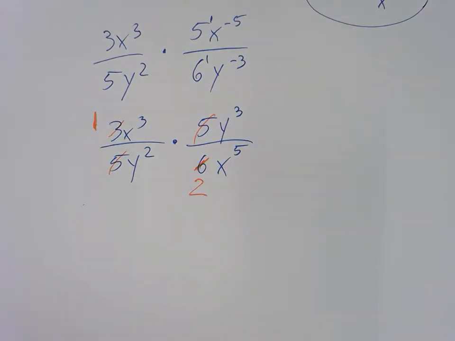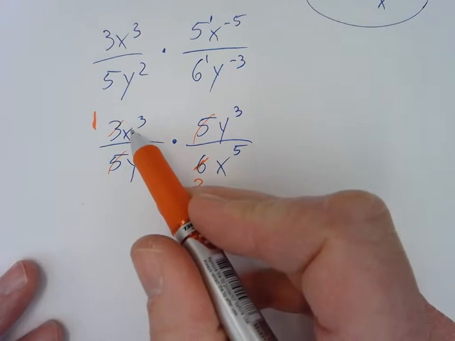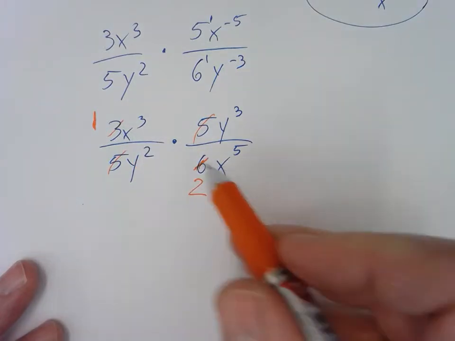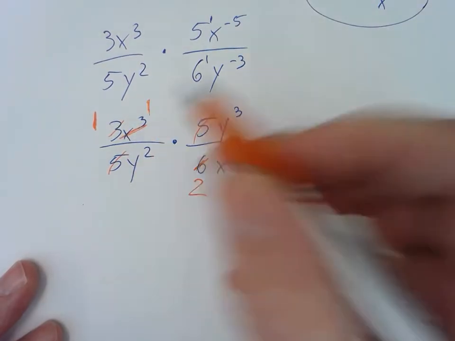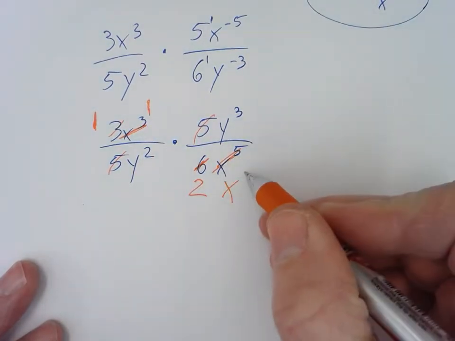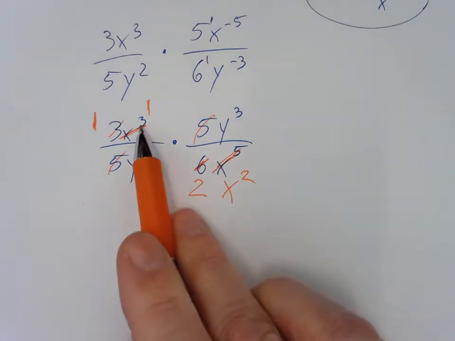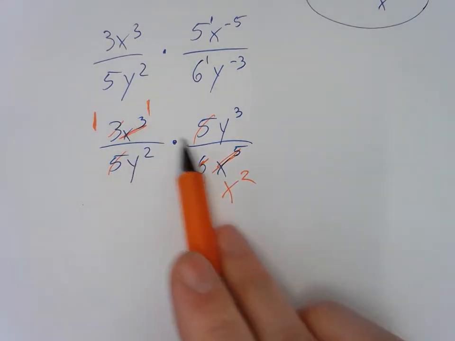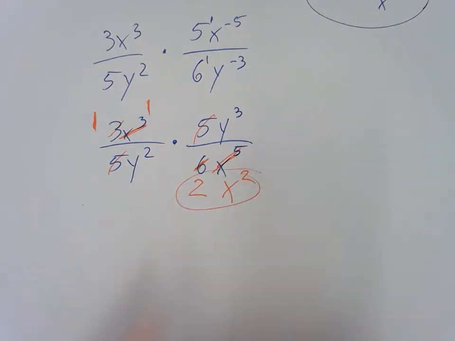All right, now we're going to take care of the x's. There's 3 x's here, 5 x's there. So 3 of these x's are going to cancel out with 3 of these x's. So that would leave 1 there and x squared down here, because when you subtract, it'd be 3 minus 5 is negative 2, but then it'd go down to the bottom of the fraction. So down here I have this left over.